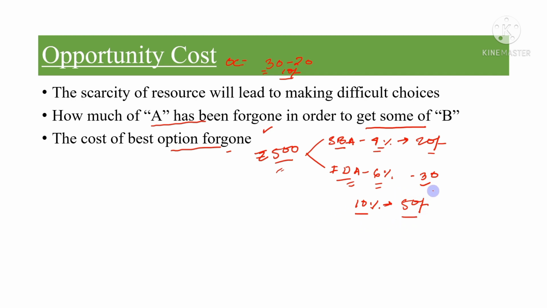That means the best option was 30, but you chose somehow to get a return of rupees 50. Now the opportunity cost here will be the best option 30 minus what you have chosen, 50. That is minus 20 rupees in reverse here.